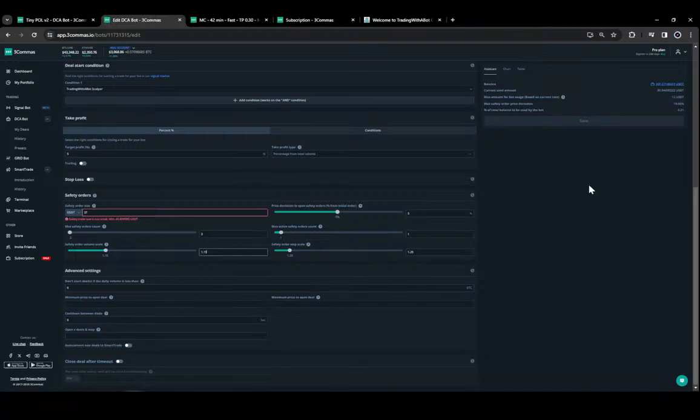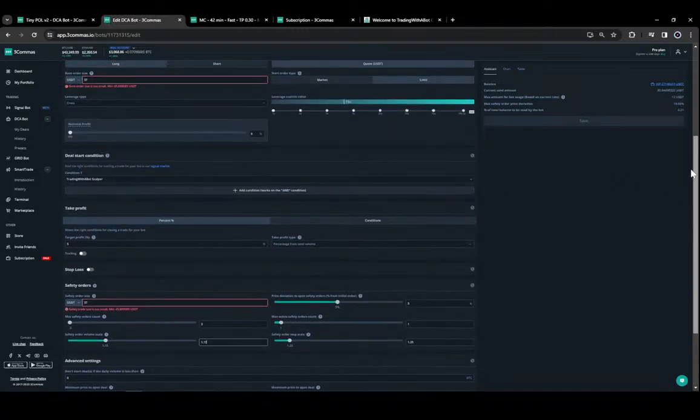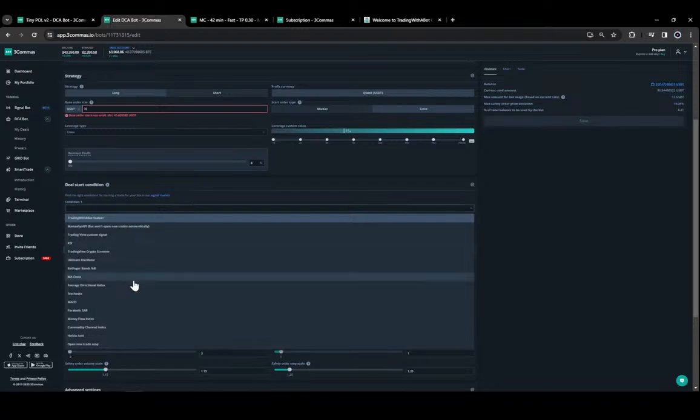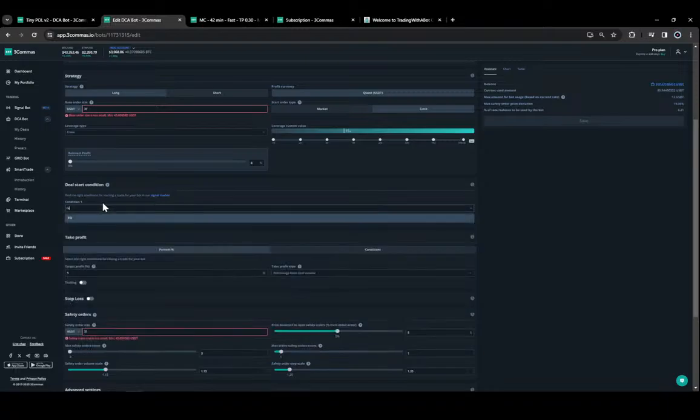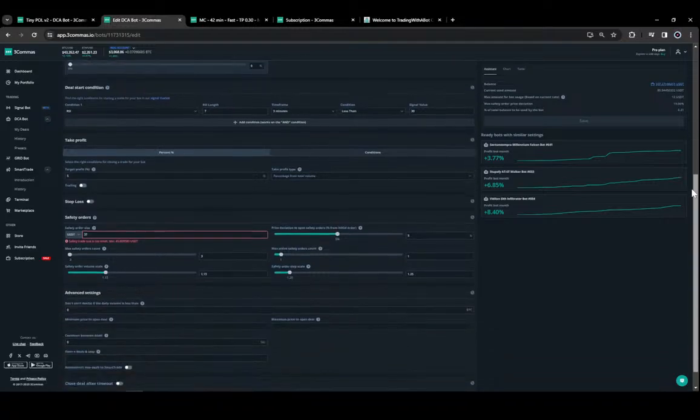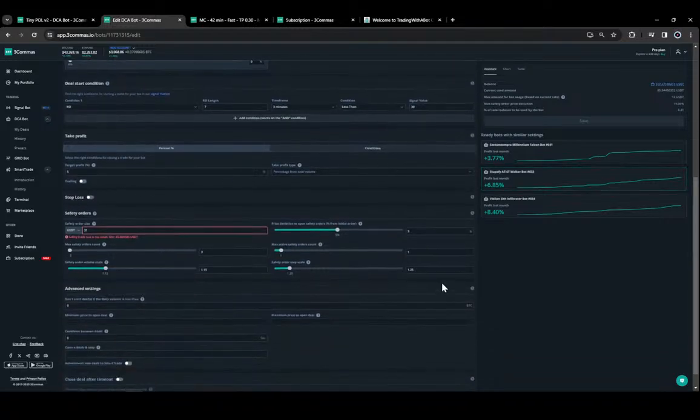And then you could actually use various deal start conditions. You could try my signal, you could try somebody else's signal, you can try to come up with your own deal start condition, RSI. This is something that is fun to experiment with. The thing is that you don't need to worry so much about DCA.